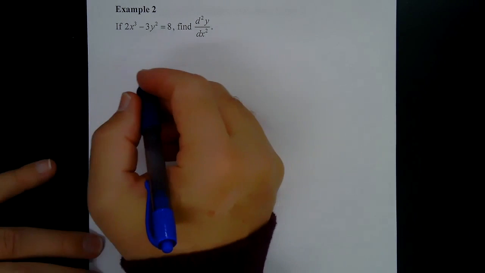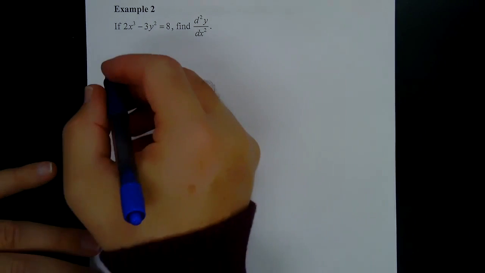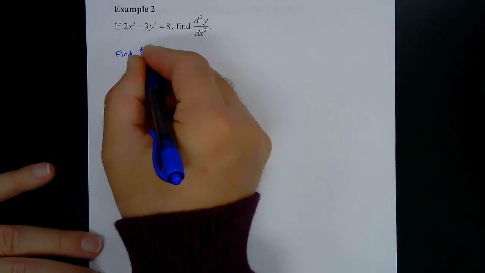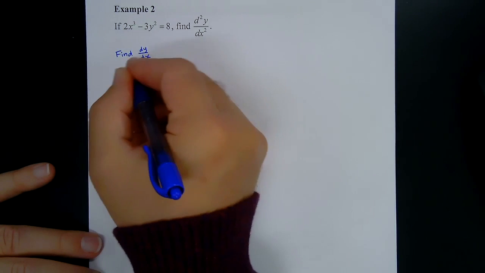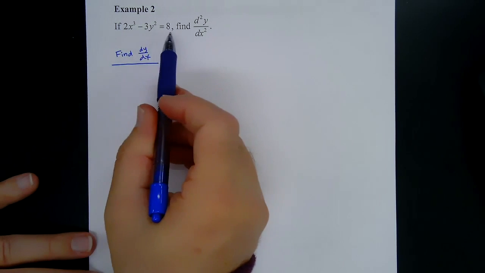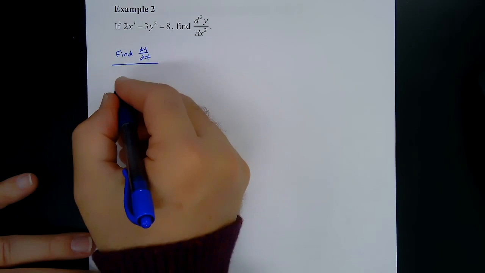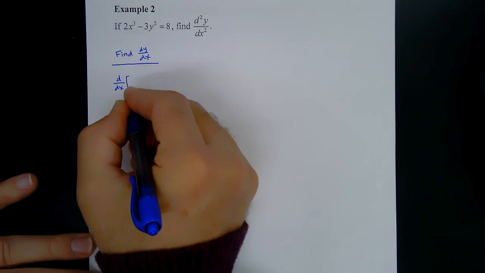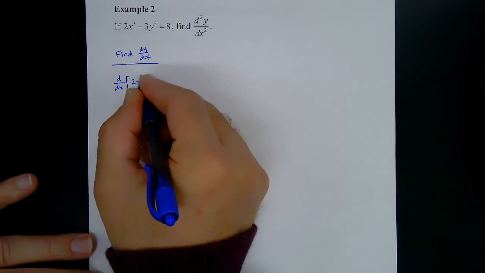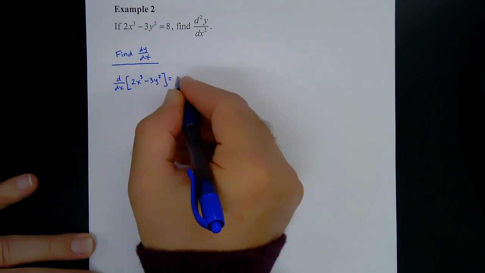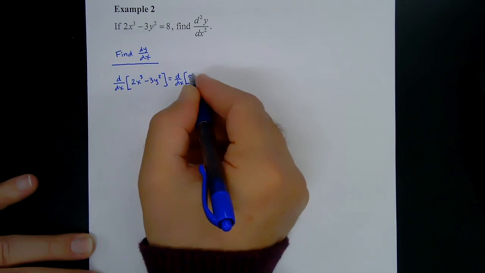So the very first thing I need to do is just find dy over dx first. I'm going to take the derivative of both sides of this equation with respect to x. So 2x cubed minus 3y squared equals the derivative with respect to x of 8.